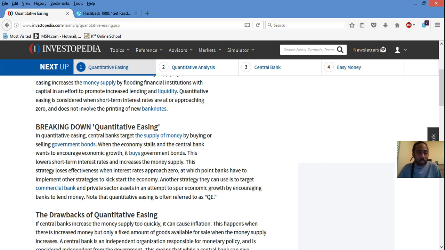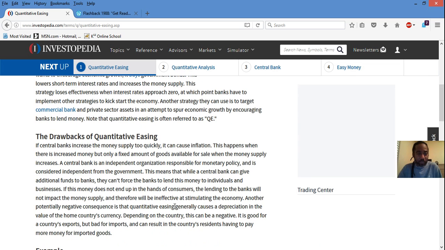This strategy loses effectiveness when the interest rate approaches zero, at which point banks have to implement other strategies to kickstart the economy. Another strategy they can use is to target commercial bank and private sector assets in an attempt to spur economic growth by encouraging banks to lend money. Note that quantitative easing is often referred to as QE.